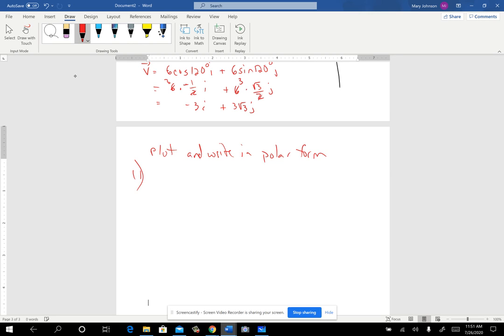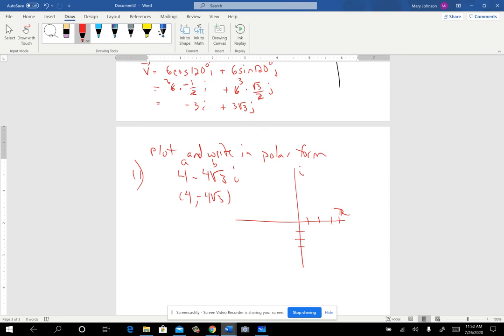The complex number it's given me is 4 minus 4 square root of 3i. So you think about the real and the imaginary axis. You think about this like the point 4, -4 square root of 3. Think about that real part and the imaginary part basically just being like an ordered pair. So the real part is 4, the imaginary part is 4 square root of 3.